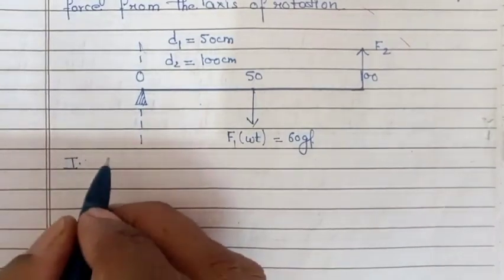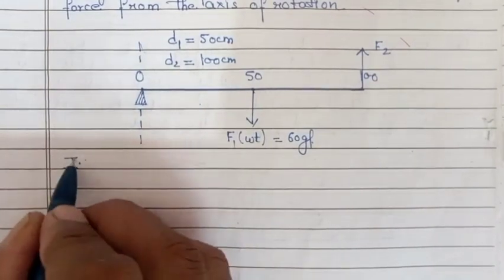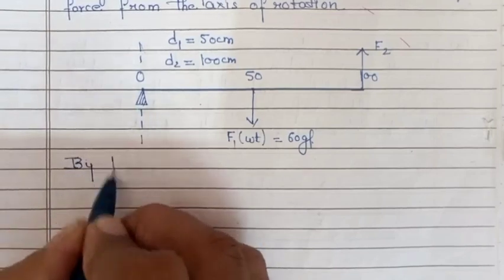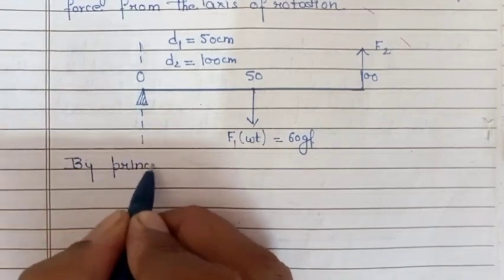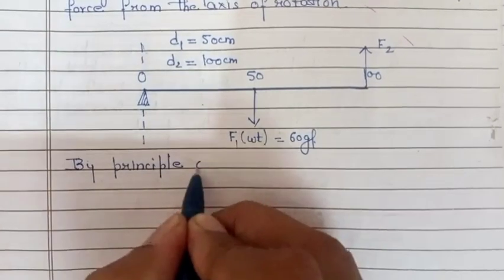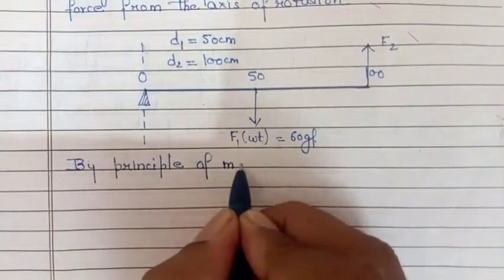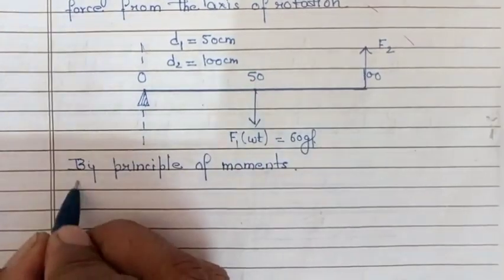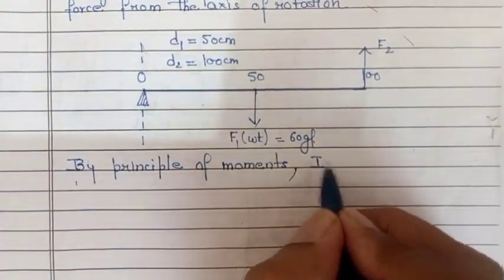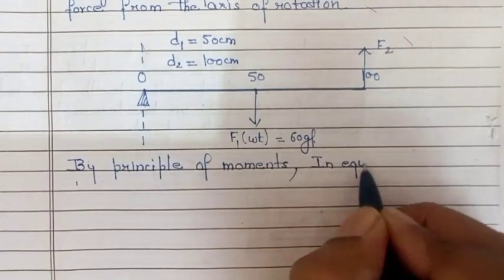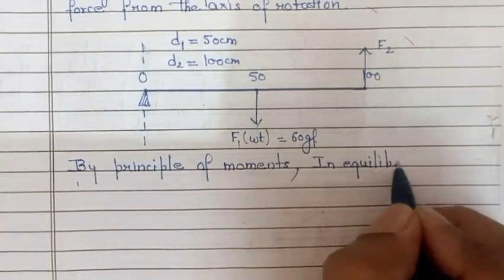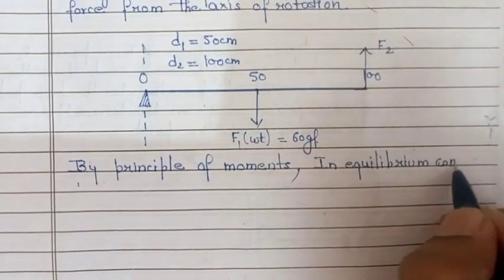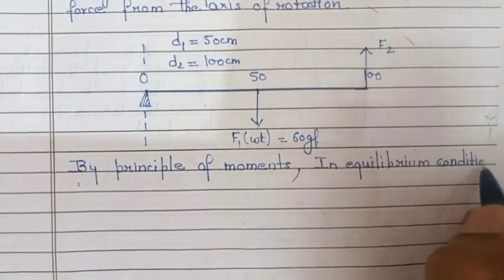Now as the rule is in equilibrium, you will be using the principle of moments. So by the principle of moments, in equilibrium condition, so here it is in equilibrium position.